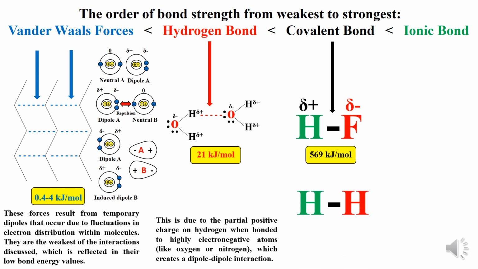So in case of non-polar molecule like hydrogen, 436 kilojoules per mole of energy is required to break the covalent bond. And in case of non-polar molecule like hydrogen, covalent bond is formed by equal sharing of electrons between the hydrogen atoms due to overlapping of the atomic orbitals. So why is it equally shared in case of non-polar molecules like hydrogen?